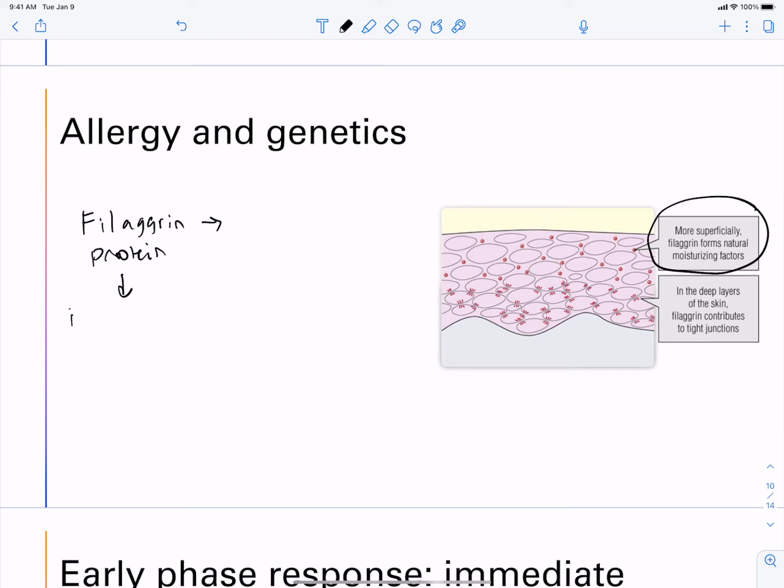So I'll write what is important for cytoskeleton, and it's going to be important for tight junctions, and epithelial cell barriers.